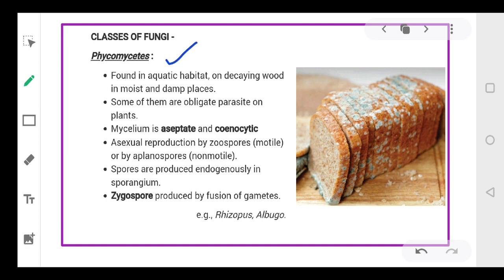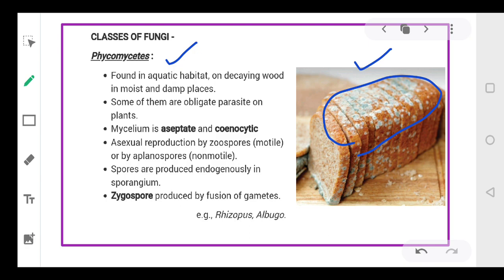Again, look at the diagram. You see such structures which are present on the bread. So the fungus present on the bread belongs to the Phycomycetes.